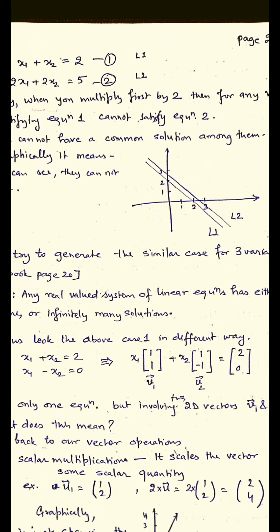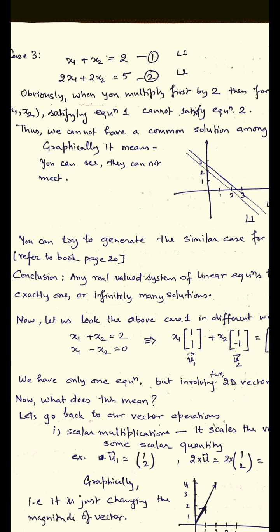So in fact we got to know that there are certain cases where all solutions of equation 1 also satisfy equation 2. There is a possibility that all solutions of equation 1 never satisfy equation 2, and there is also a chance that one particular equation has only one point that satisfies another equation.